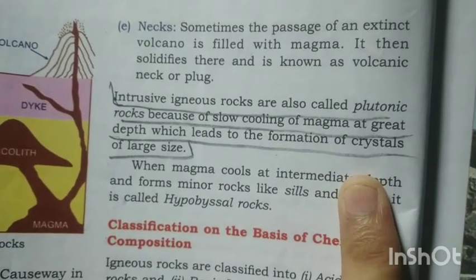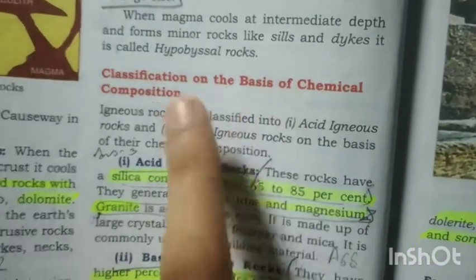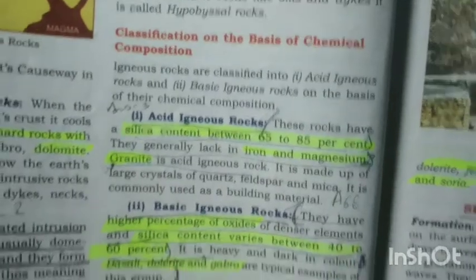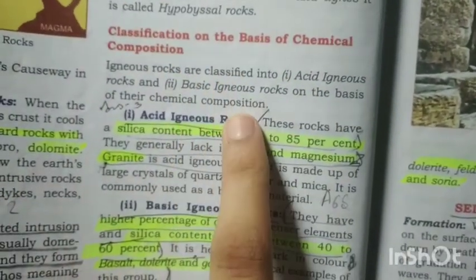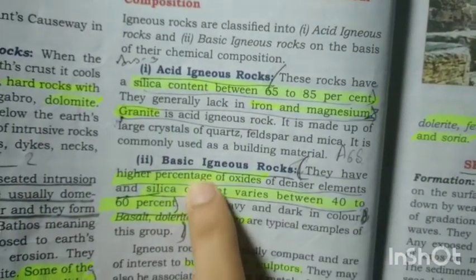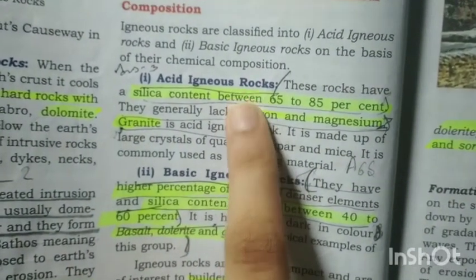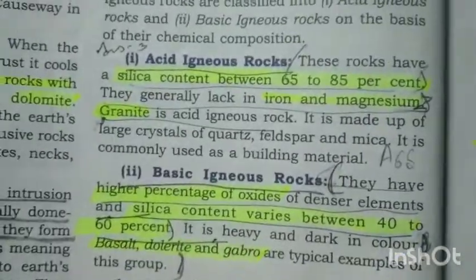Those are classified on the basis of their origin. Next is classification on the basis of chemical composition. This part is very easy because on the basis of chemical composition, it is divided into two parts: acid igneous rocks and basic igneous rocks. Acid, they are acidic. Not too much acidic, but they are.